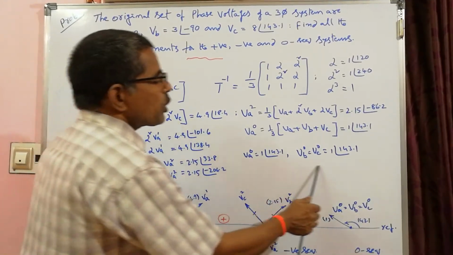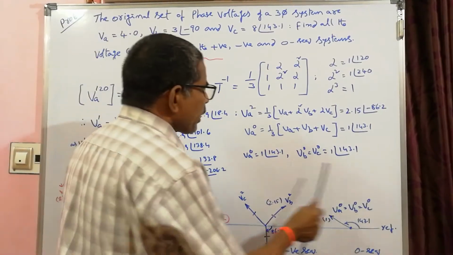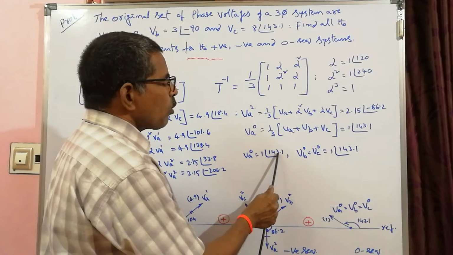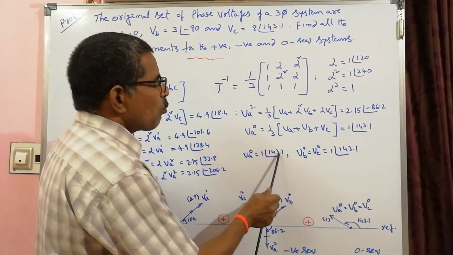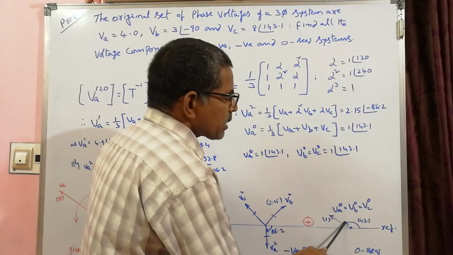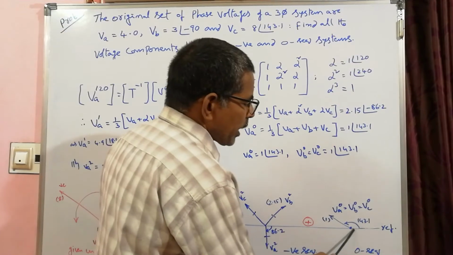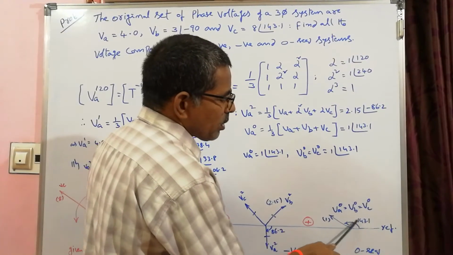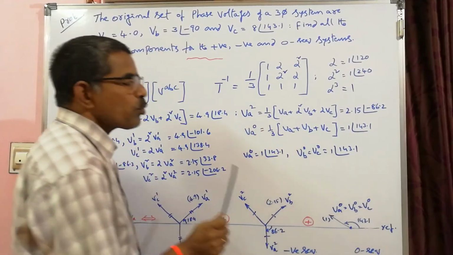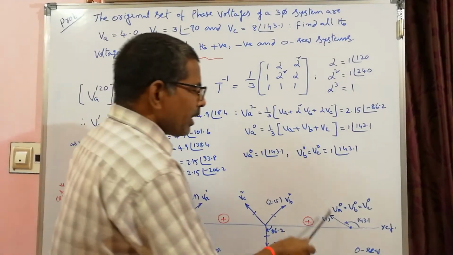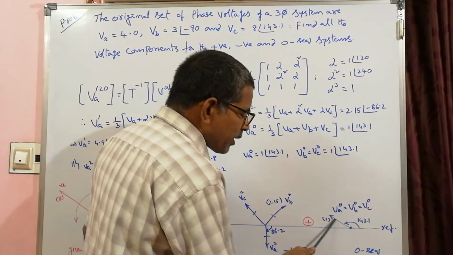Then finally zero sequence components. Zero sequence components with respect to the reference, each is magnitude 1 angle 143.1. So the magnitude is 1 and it is 143.1 degrees in the leading, positive direction. I am measuring with respect to the reference 143.1 degrees and marking this phasor with magnitude 1, which means all three, VA0, VB0, VC0, are in phase with each other.